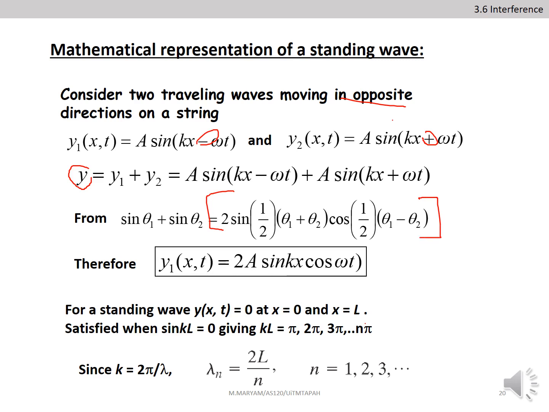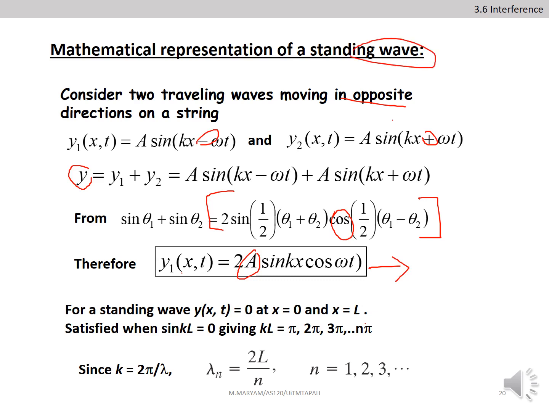Sine theta 1 plus sine theta 2 equals 2 sine half of (theta 1 plus theta 2) times cos half of (theta 1 minus theta 2). So simplifying, we get y in terms of x and t equal to 2A sine kx cos omega t, where 2A is the amplitude. This is the general expression for a standing wave.